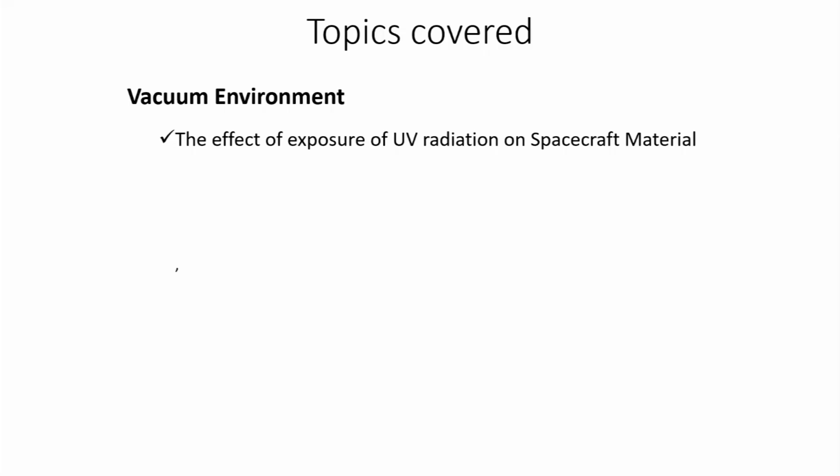In the last session, we discussed what are the specific effects when a satellite is exposed to the UV radiation. Then we discussed the design guidelines and mitigation techniques to overcome the issues, whether it is a thermovacuum environment or a radiation environment or the outgassing. So, all these three things we discussed.